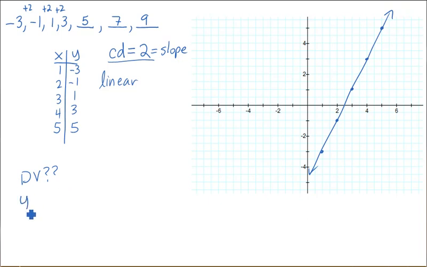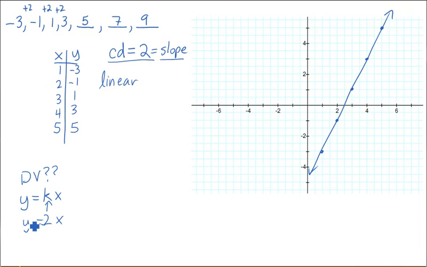Hopefully you remember that it's y equals kx. Now k, remember, is the constant of variation, which is the same thing as the slope. And so we can put that in. We can say y equals 2x. So this is what it would have to be if it were direct variation.